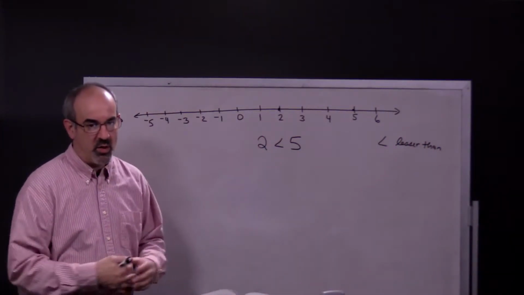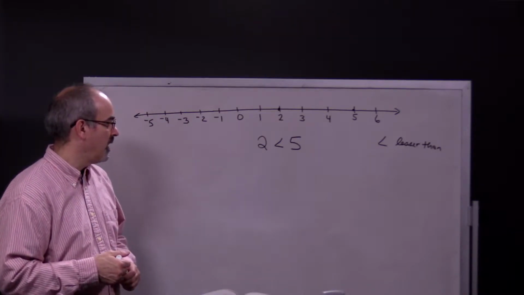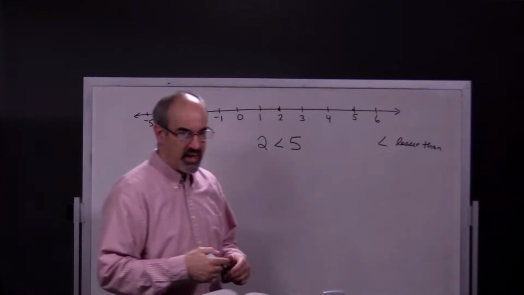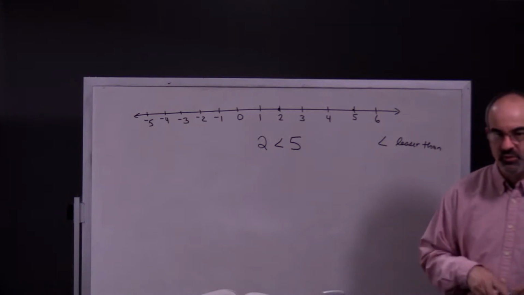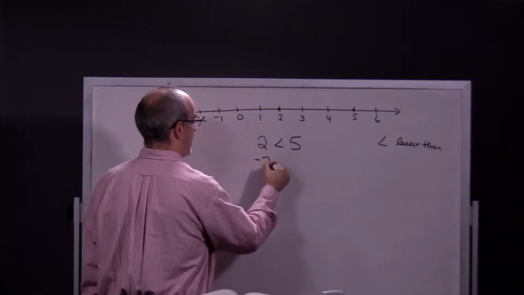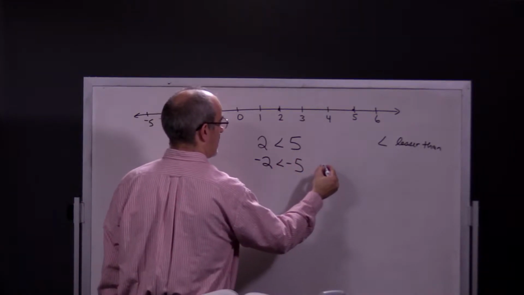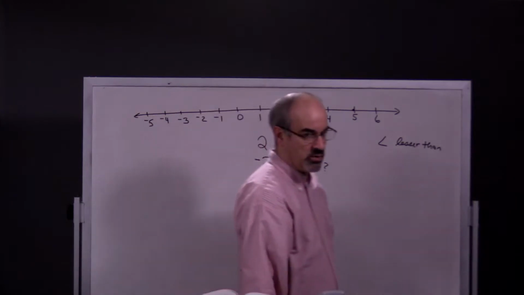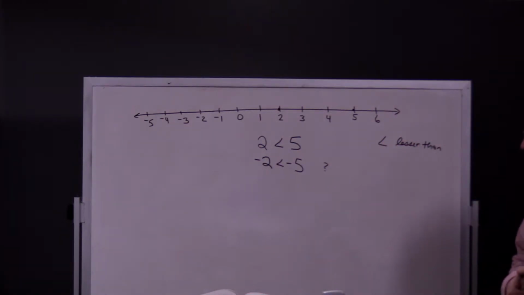I think most of you know that. One thing I do want to point out is that when things are negative, things get a little bit strange. If you multiply each of these by -1 and don't change this, okay, is that true? Is -2 less than -5?